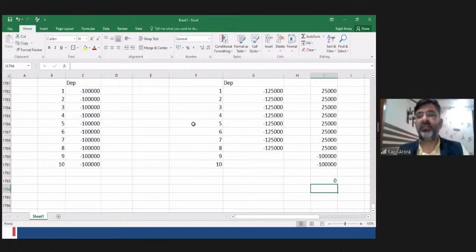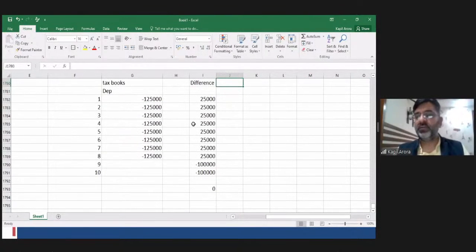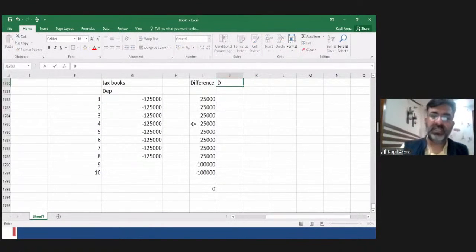Is that okay with everyone? I believe this is fine with all. Now, how would this difference be treated? This is the difference which we have got. I will apply the deferred tax to this difference.